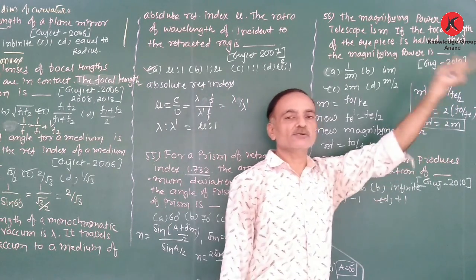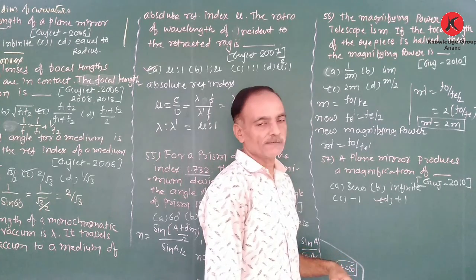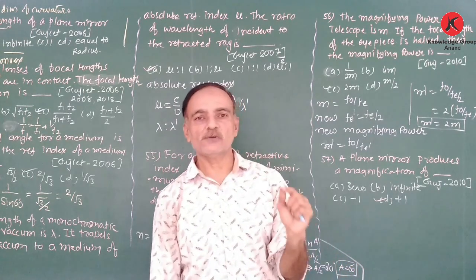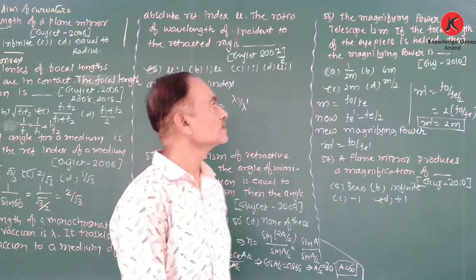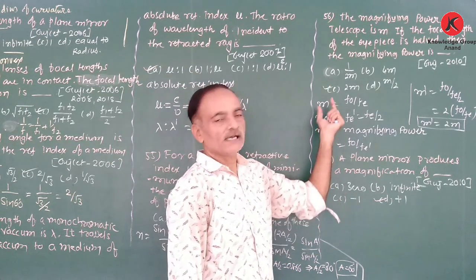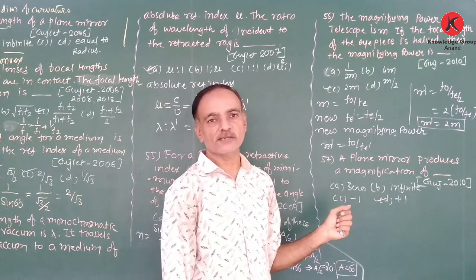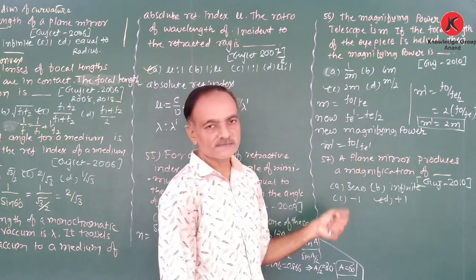Again, asked in 2010: the magnifying power of a telescope is m. If the focal length of the eyepiece is halved, what is the new magnifying power? We know the magnification of a telescope is the focal length of the objective to the focal length of the eyepiece.